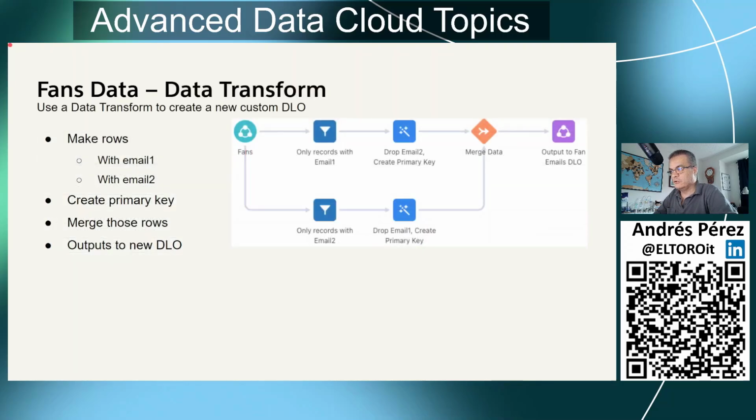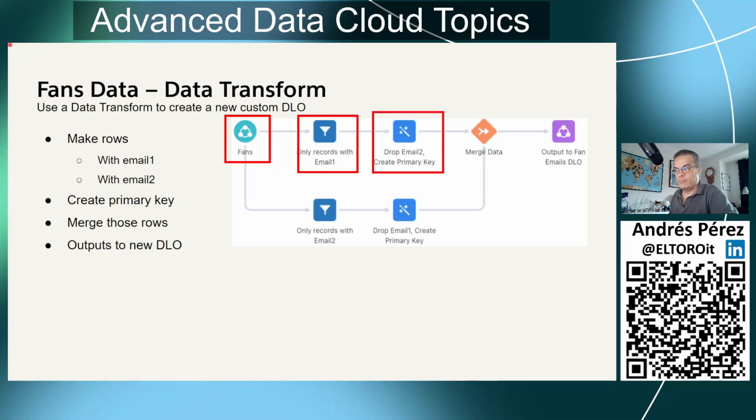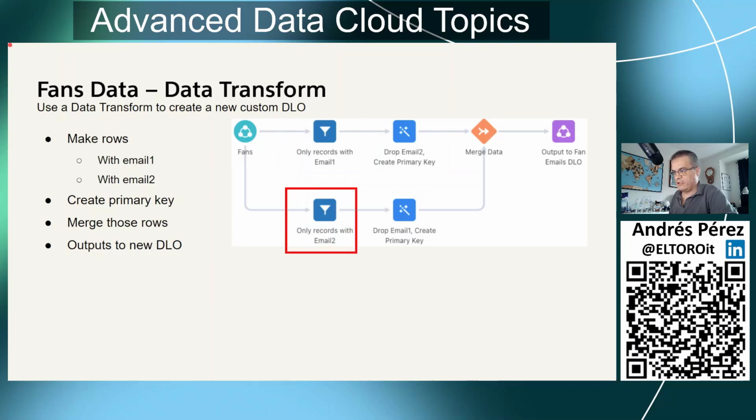Well, what I need to do is do a data transform, where I'm going to take my original table, which has two emails. I'm going to filter and get the rows that have a value on email one. I'm going to drop some fields. I'm also going to do the same thing for the ones that have email two. Drop some fields and maybe rename and stuff. And then I'm going to merge all that, and then I'm going to output it to a different table.